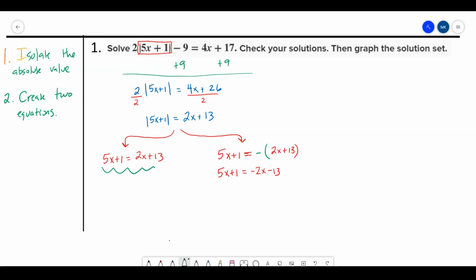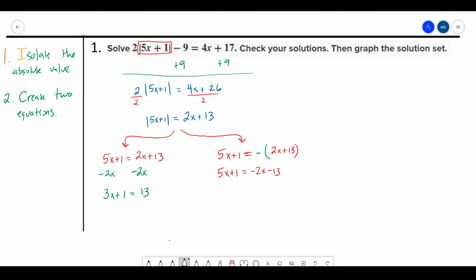So these are my 2 possibilities here. I have this equation, which is going to give me one answer, and I have this equation, which is going to give me the second answer. So basically we just have to solve these 2 equations. So starting with the one on the left, I'm going to subtract 2x, and I'm going to get 3x plus 1 equals 13.